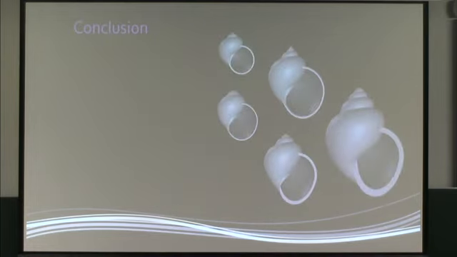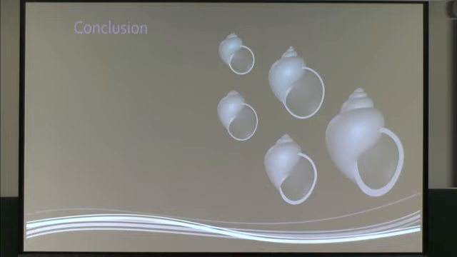So, conclusion. Even with all these problems that I've told you, we can still get an analytic method that gives us the growth parameters. At least on a statistical level, we get a lot of them that are good.